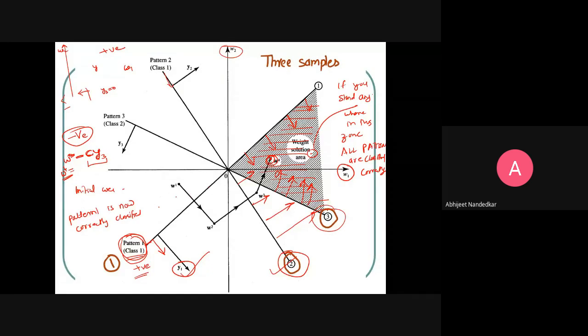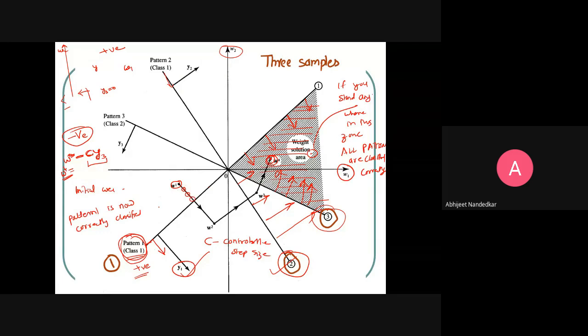Since this is a theoretical graphical representation, we can visualize what is happening. But in practice, you really don't know what the value of C should be. C, the constant, controls the step size. If C is very small and your initial weight is here, you may reach here, then next iteration you will go here, and so on.